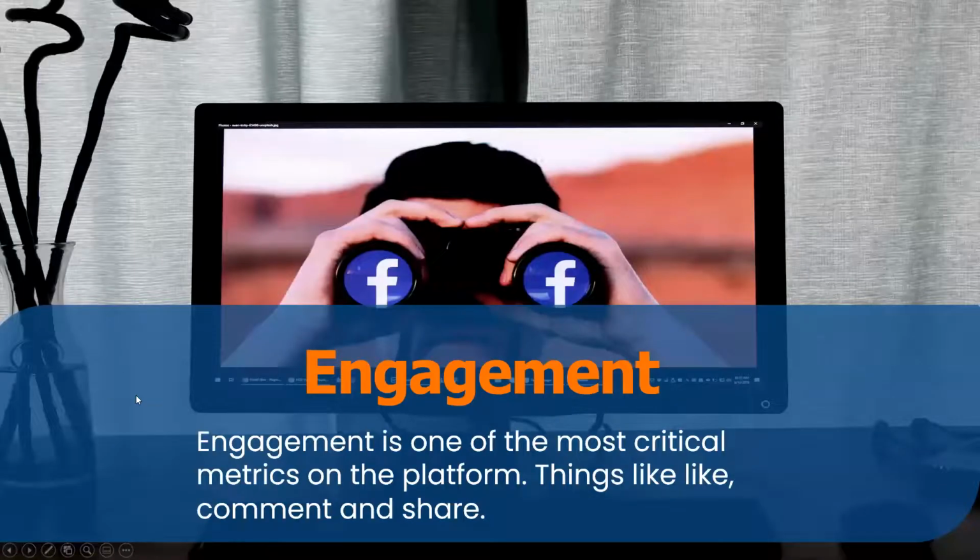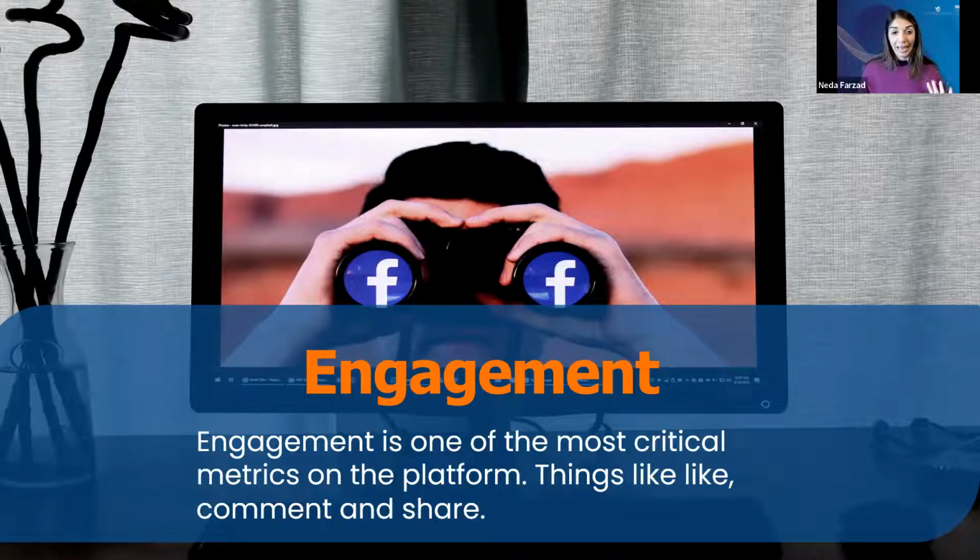The engagement is the biggest, most important and critical metric on the platform. With the Facebook algorithm, every interaction you or someone has with your content, they give it a score. So engagement gets a higher score.